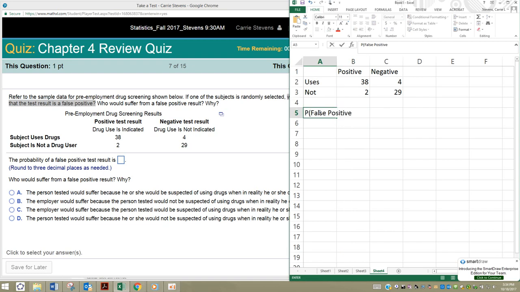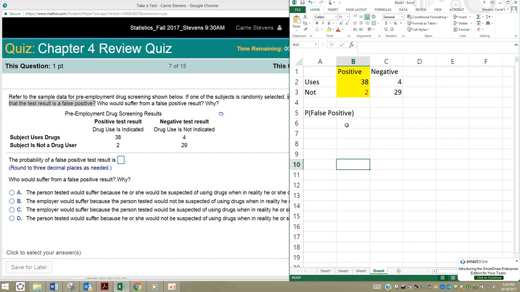Well, it would be helpful to define what a false positive is, or locate it in my table at least. So a positive would obviously be any of these, and one that is false would be someone who the test is saying the person used drugs, but it's false. If it's false, that means the person didn't use drugs. So that's these people here.